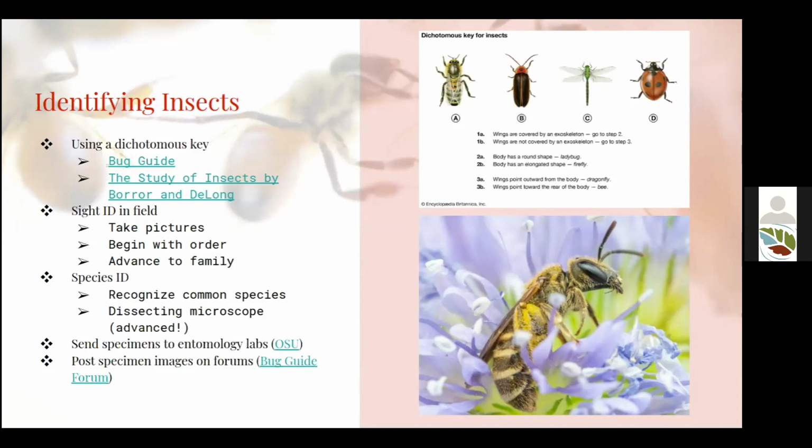Or if you have a sweat bee, or a solitary tunnel nesting bee, sometimes observing their behaviors will help you identify them to family that way. So all of those solitary tunnel nesting bees that live in those habitats we talked about are going to be in the same family, Megachilidae. And you're just going to get better and better at that as you go.